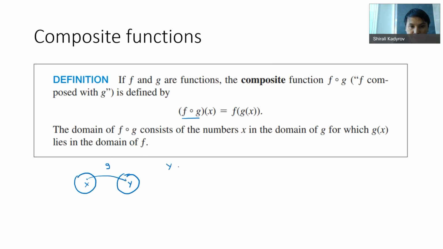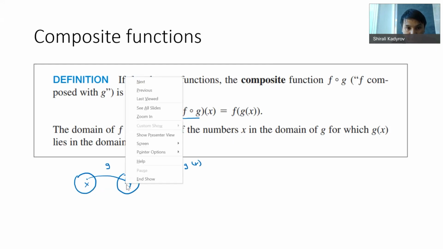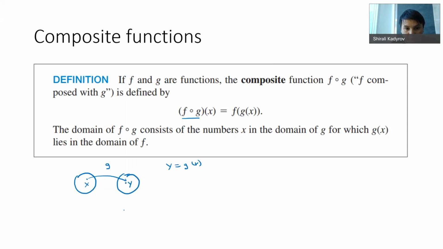What is this y? Y is my g of x. And let's say that I have a function f that maps this particular point y into another point, like this. Let's call this z. This z is my f of y.